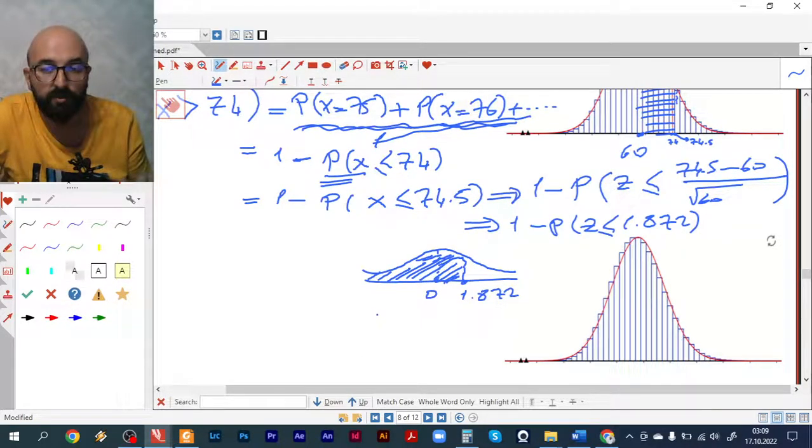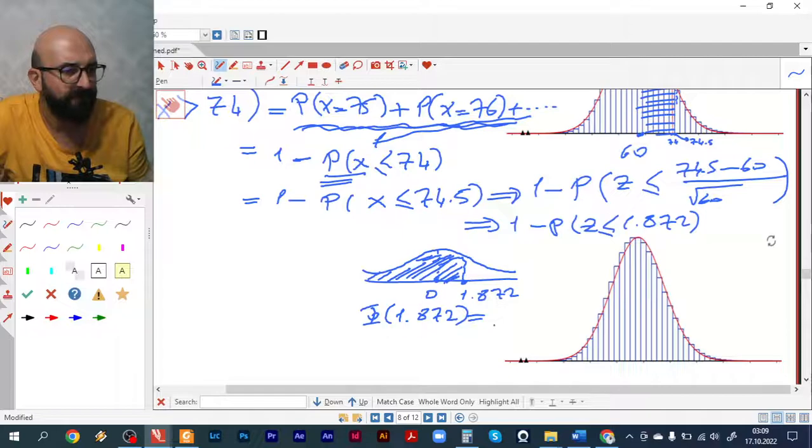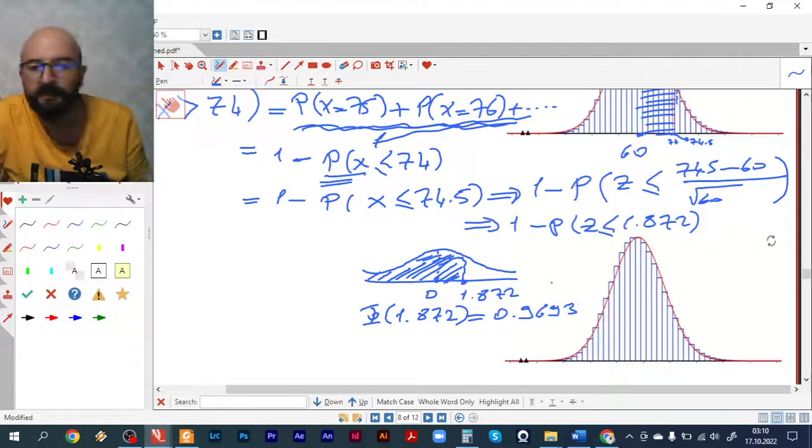If you look at the z table and find 1.872, you can figure out the big area, which is 0.9693.